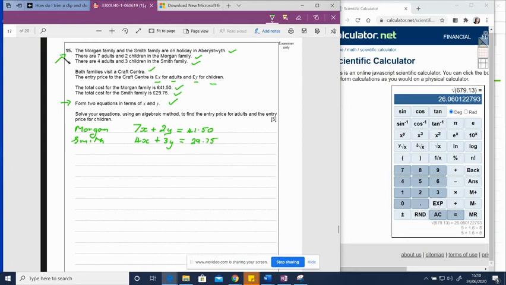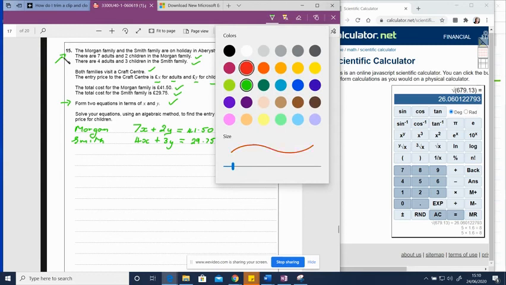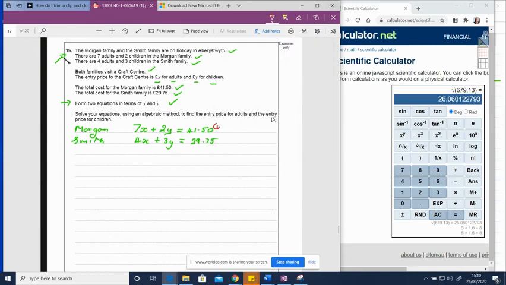Now to solve these equations, that means we want to find the value of X and Y. I'll just make sure that's quite clear, £29.75. I'm going to label these equations 1 and 2, and that will help me when I'm solving them.